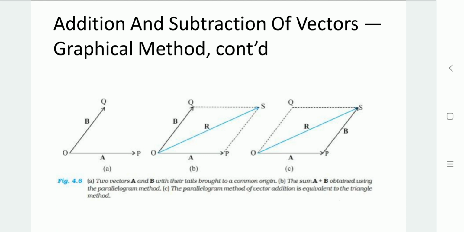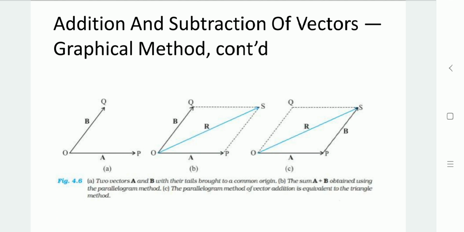Likewise, draw a parallel vector of B. So from point S and P, the dotted line PS that is represented defines a parallel line of vector B. So the diagonal vector between O and S represents the resultant vector.